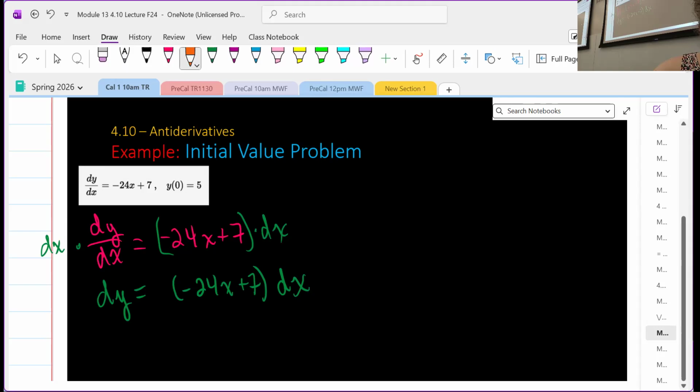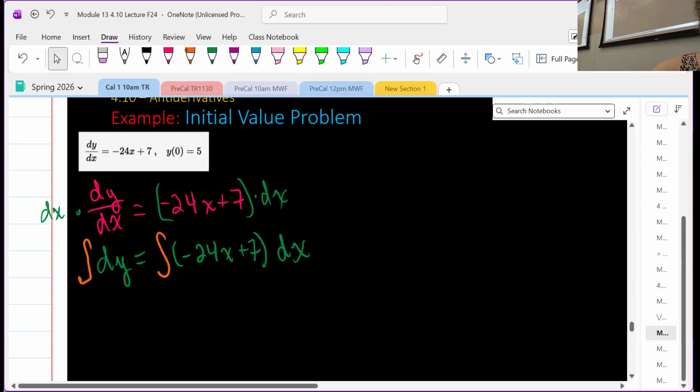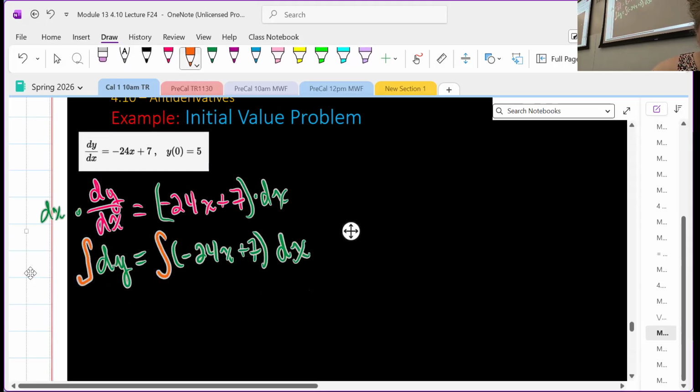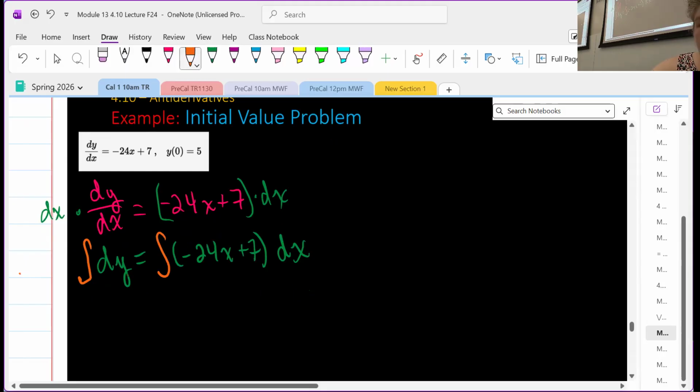And now I'm going to apply my antiderivative on both sides, my integral. So the antiderivative of the derivative of y is just y. But over here on the other side, I've actually got a function to work with. So now we're going to do the antiderivative of this function.